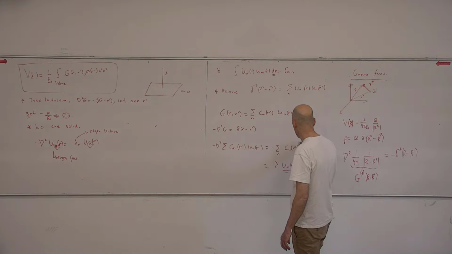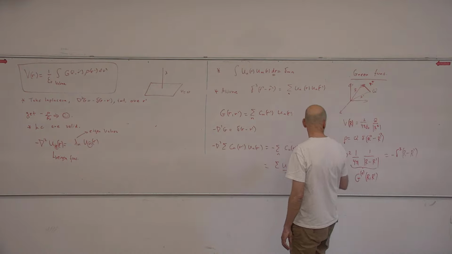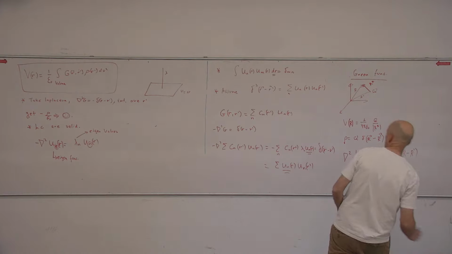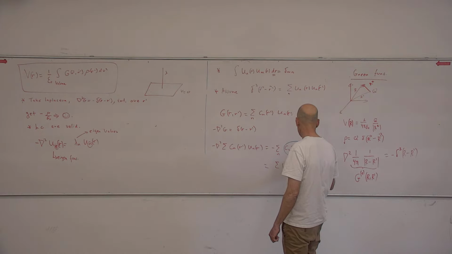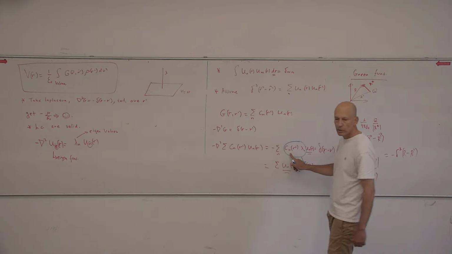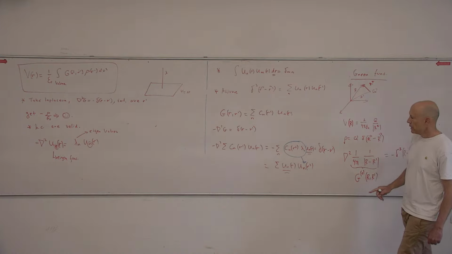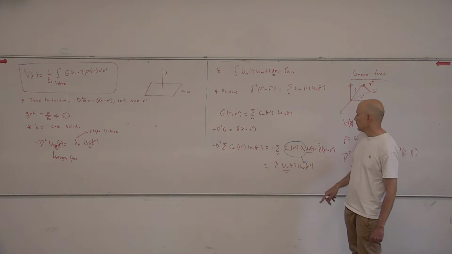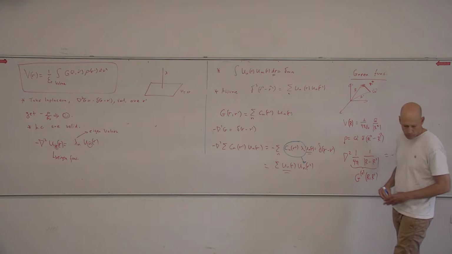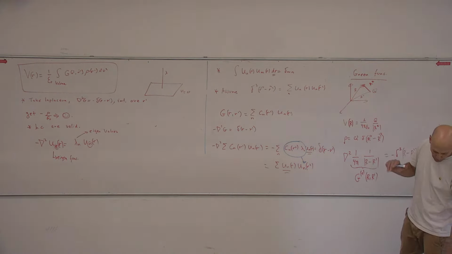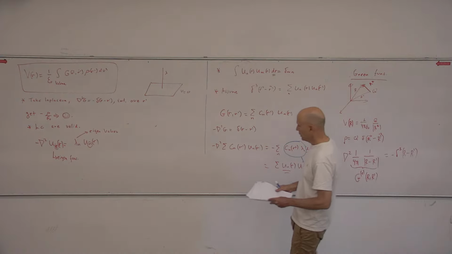You see all this C_n(r) has to be valid for all r. This guy is the same as this guy. So I know what is C_n. C_n is simply this U_n(r) divided by lambda_n. Now I'm formally done.